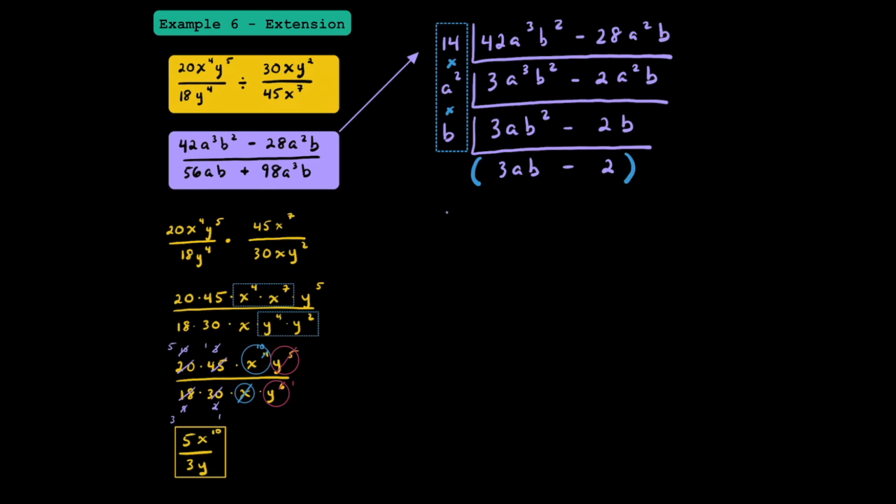We can rewrite the numerator as 14a to the second power b times the quantity of 3ab minus 2.